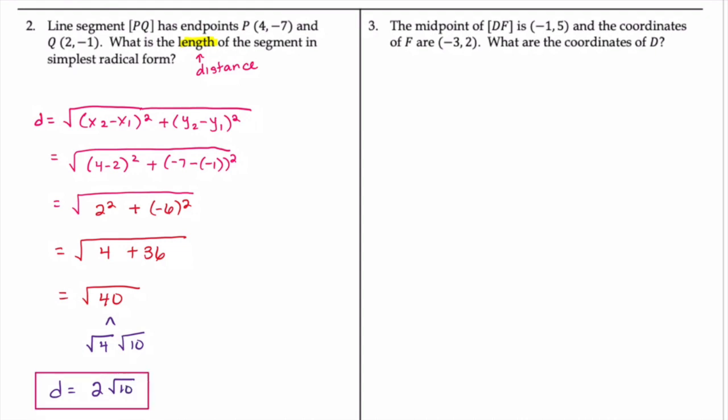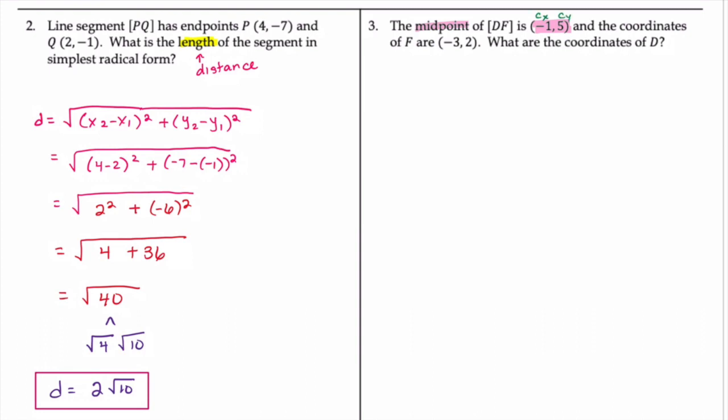For question 3, the midpoint of DF is (-1, 5), and the coordinates of F are (-3, 2). What are the coordinates of D? So in this case, they have given us the midpoint to be (-1, 5), which means that is the value of c sub x, c sub y.